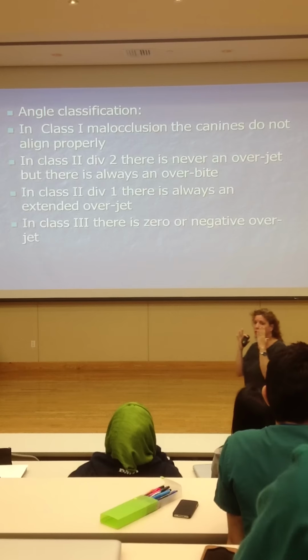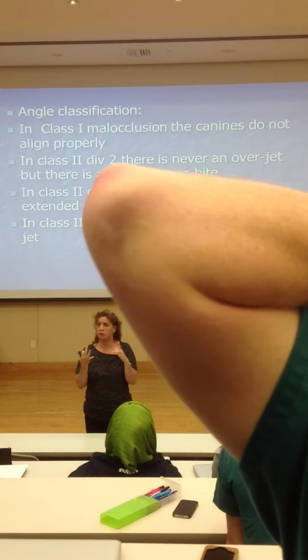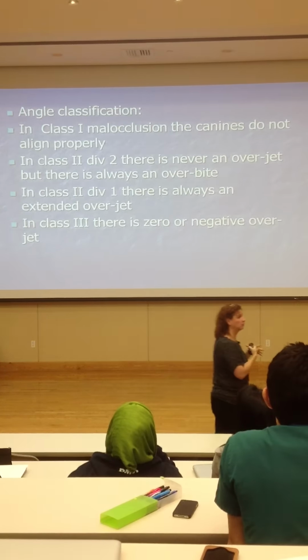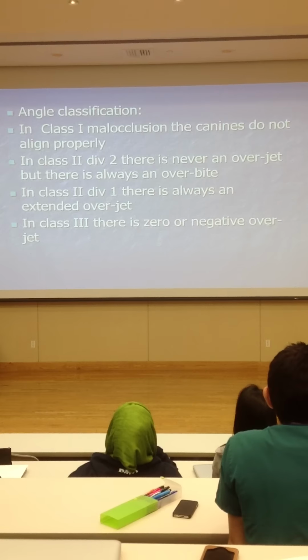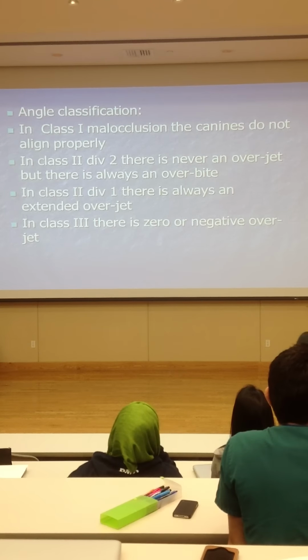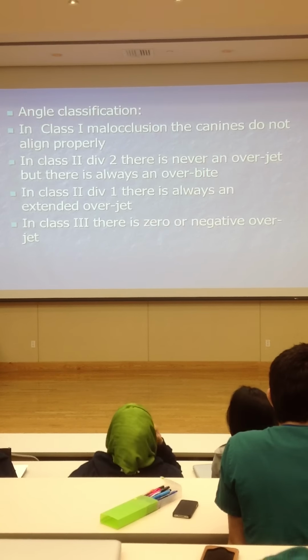What's the rule for angle classification? First upper molar with first lower molar. First upper molar what? Middle buccal cusp tip against what? The buccal groove of the first lower molar, okay?